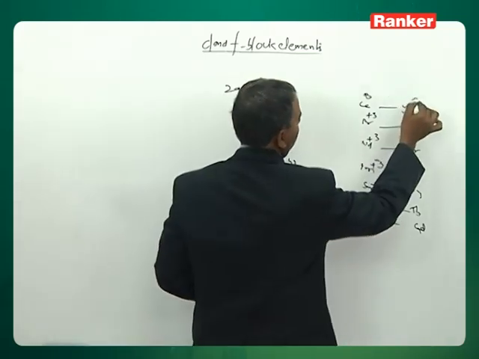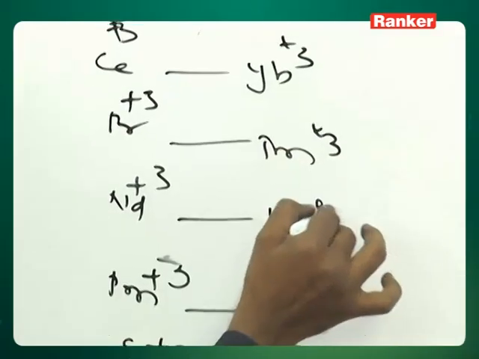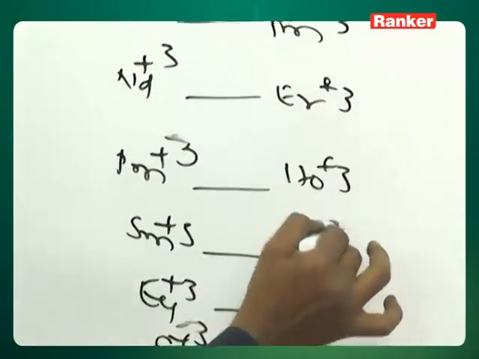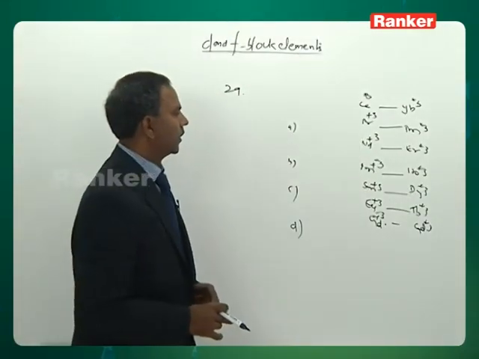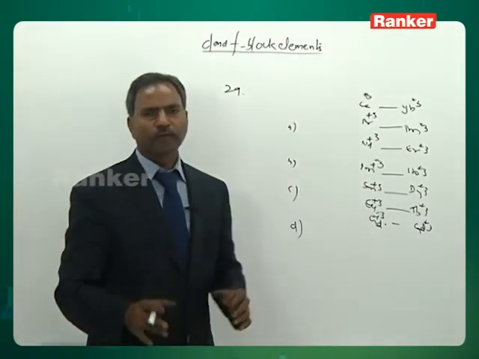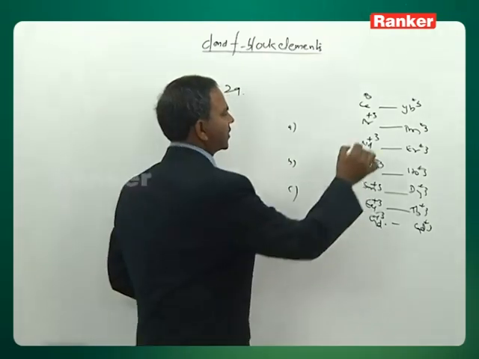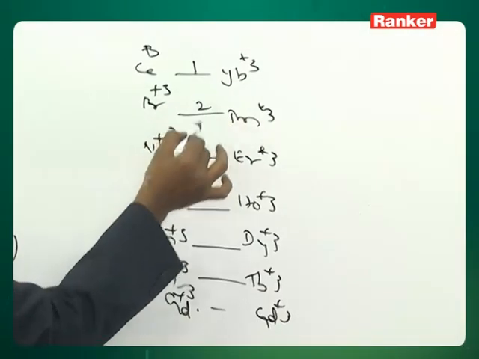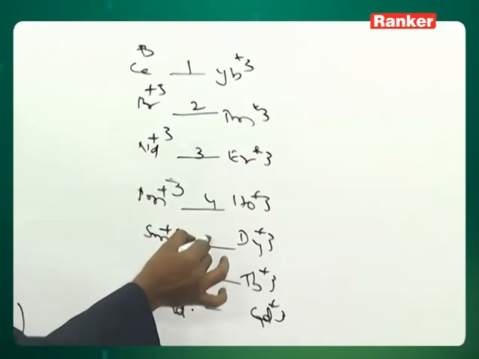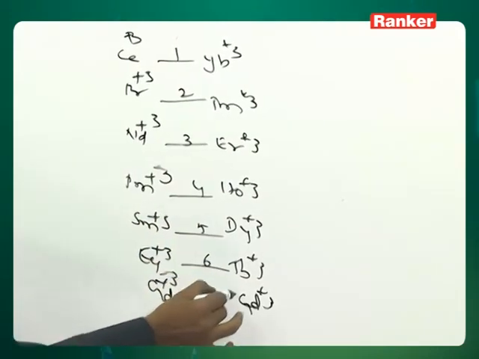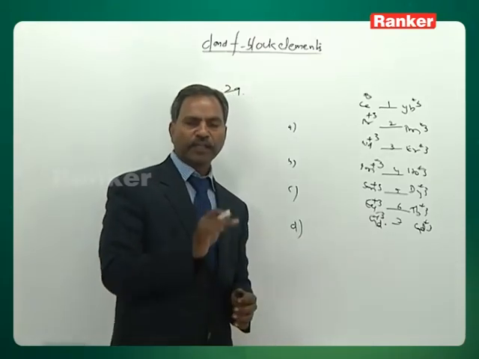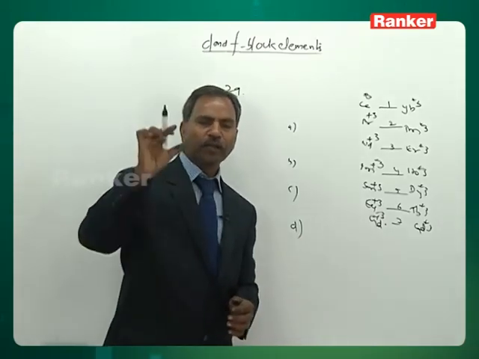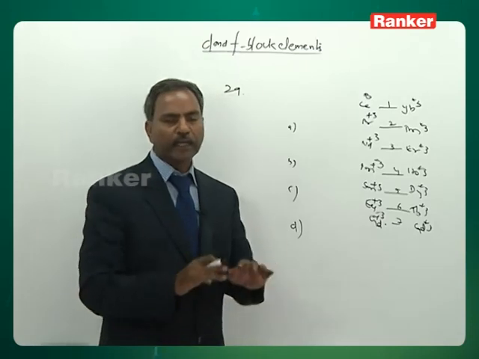Once you make them plus 3 ions, each pair definitely carries the same number of f electrons: 1, 2, 3, 4, 5, 6, 7. The pair carrying the same number of f electrons will exhibit more or less identical color.